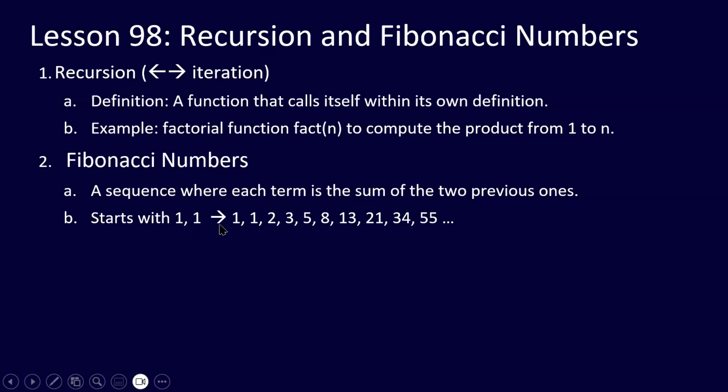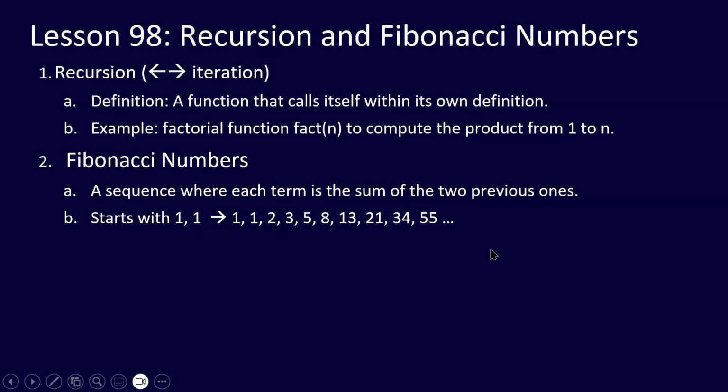The next one is 1 plus 1 equals 2. Next is 1 plus 2 equals 3. Next is 2 plus 3 equals 5. Next is 3 plus 5 is 8. Continuing like this, we can define a Fibonacci sequence.